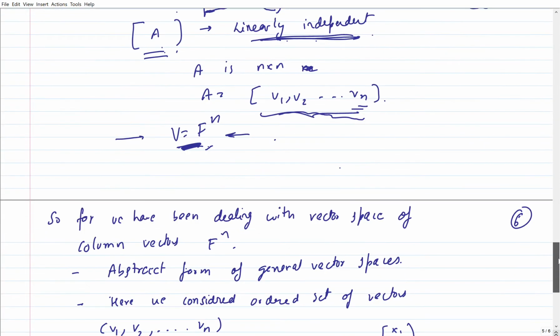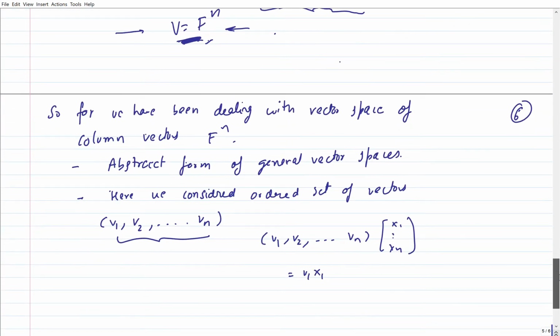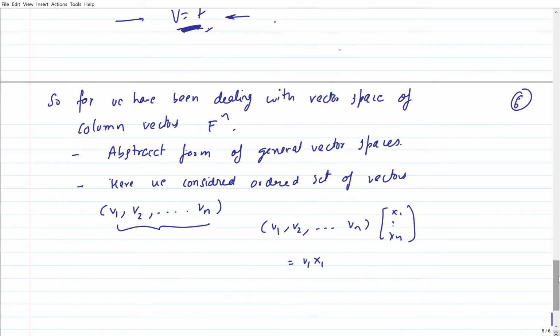Okay, then we started dealing with the notion of abstract vector spaces. Till now, we were dealing with column vectors, but nothing stops us from defining and working with a basis for general vector spaces. We consider an ordered set of vectors.